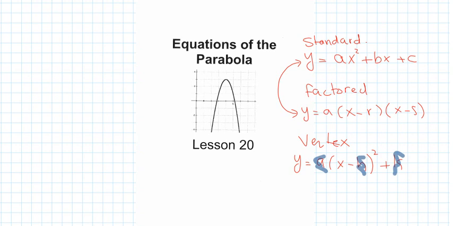The vertex. That's why it's called the vertex form. It's called the vertex form because from it, you can find what your vertex is. Remember that the vertex is either this point, which is your max, or if you have a graph that's opening up, it's going to be your min. So this is what you can find from the vertex form.